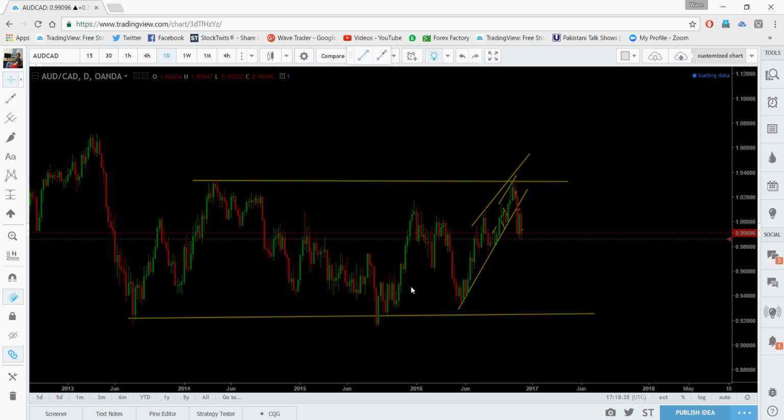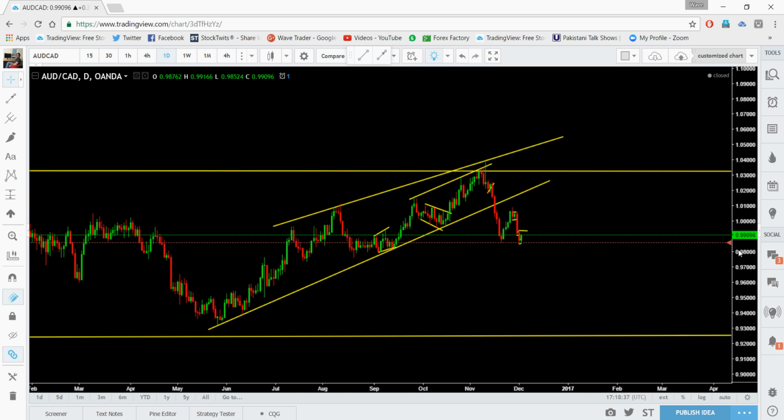If we look at the daily, the daily may extend the correction, something like this. Once it gives us some more signs, then we're going to look for a further trade setup. If we see a flat channel, something like this, then we can buy and sell within that flat channel, and we're going to hold our trade for the longer run to the downside.